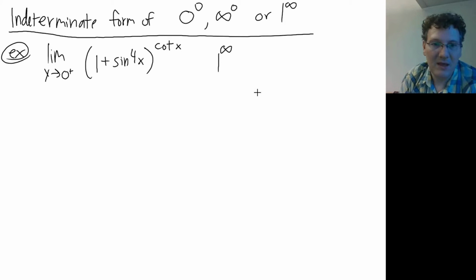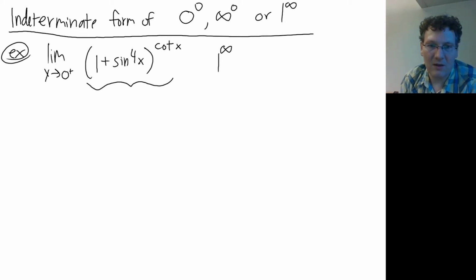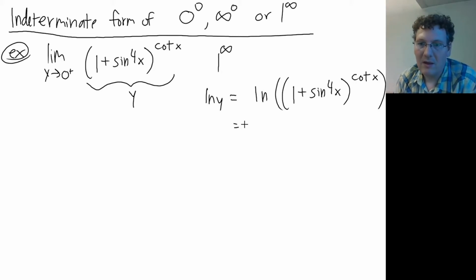What we're going to do is let's just call this thing y. And so the natural log of y is, when you take the natural log of this, you can take that cotangent and bring it down.